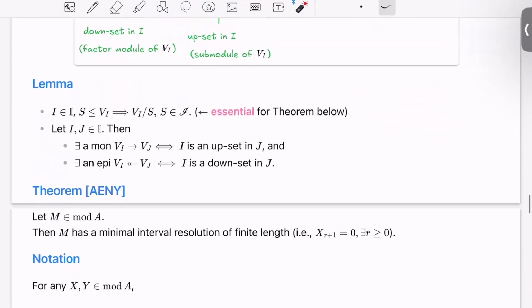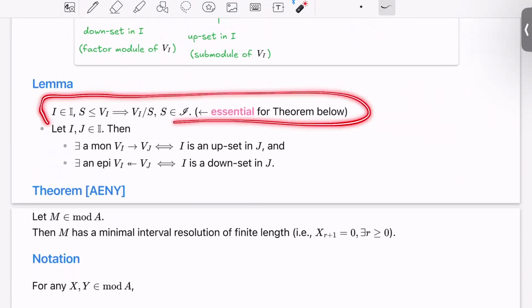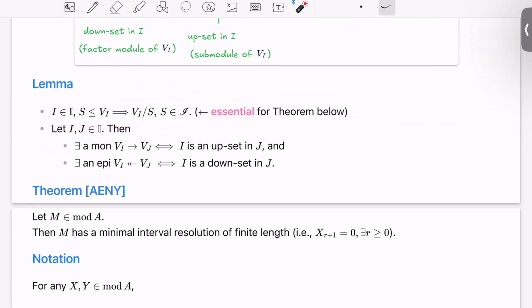And then a lemma, which is very important. For any interval I and for any submodule S of V_I, the factor module V_I over S, and S itself, are interval decomposable. So all indecomposable V_I have this property. Then by using this, the following theorem follows.